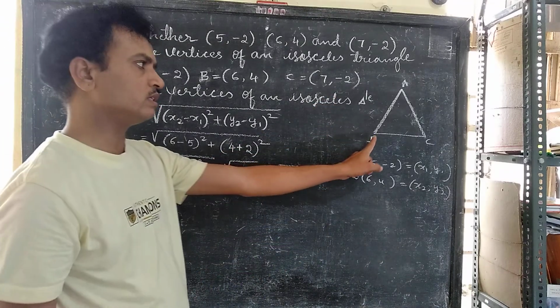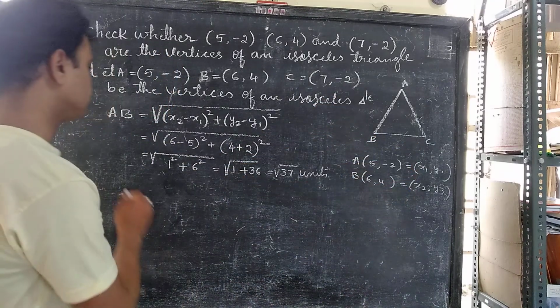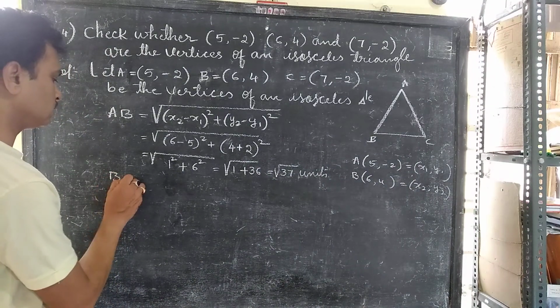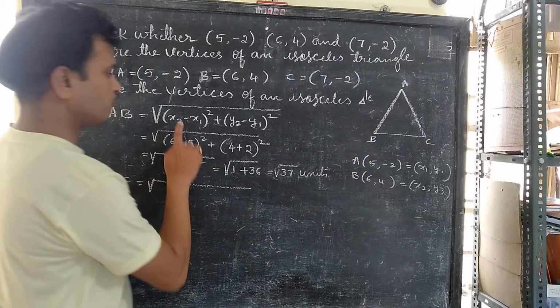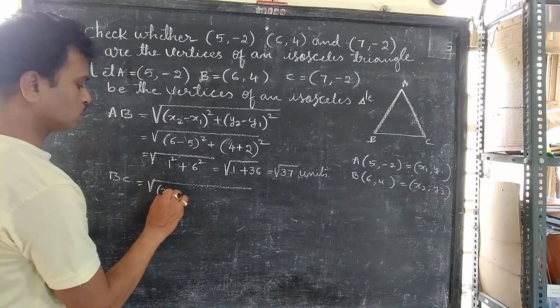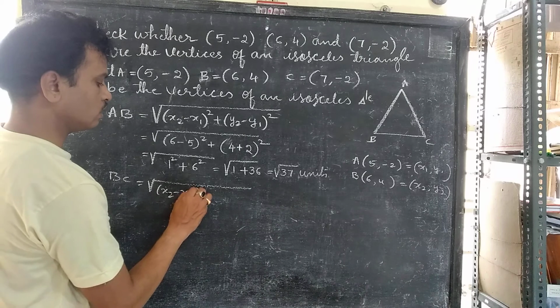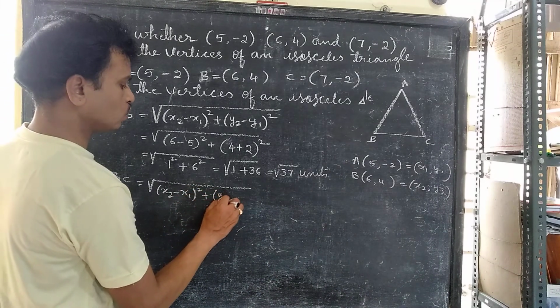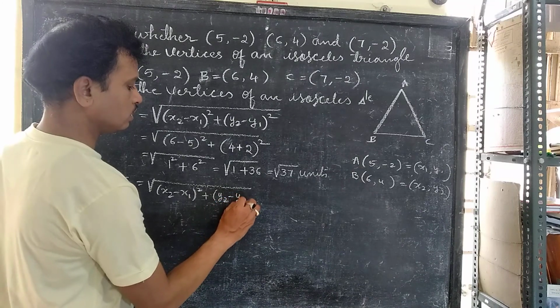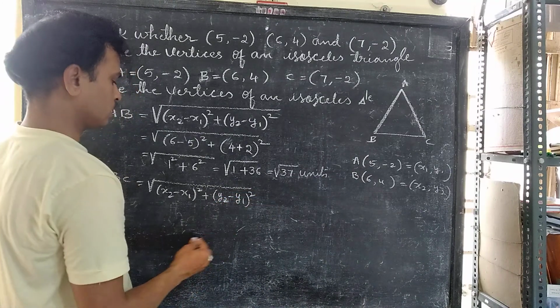Next we should find the distance between BC. BC is equal to square root of the same formula, (x2 - x1) whole square plus (y2 - y1) whole square.